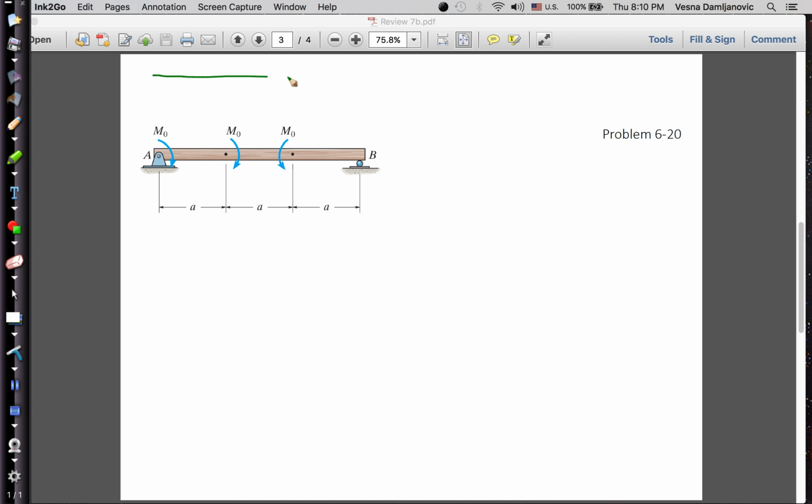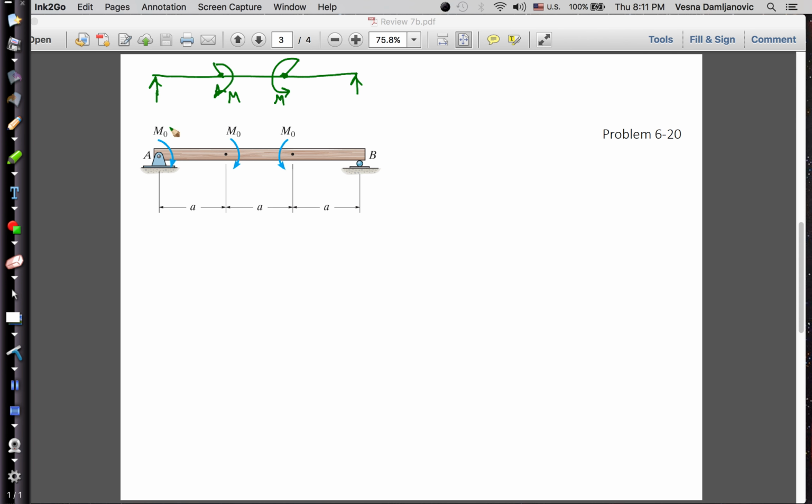Let's look at the beam and the supports. What I have here is this moment, and I'm drawing it like this so I remember where it's from. That moment is in the opposite direction, so they're all M and M. There are no horizontal forces here; we don't really care about them.